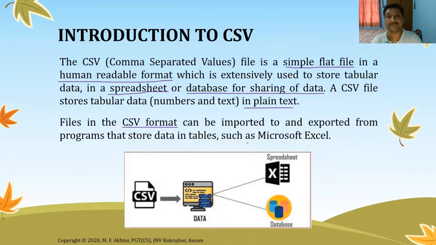We will give you some example also. A CSV file's data can be moved to a spreadsheet and a database, and again we can import data from a database in CSV format. In the same way, Excel format data can also be viewed in CSV format. This is two-way.